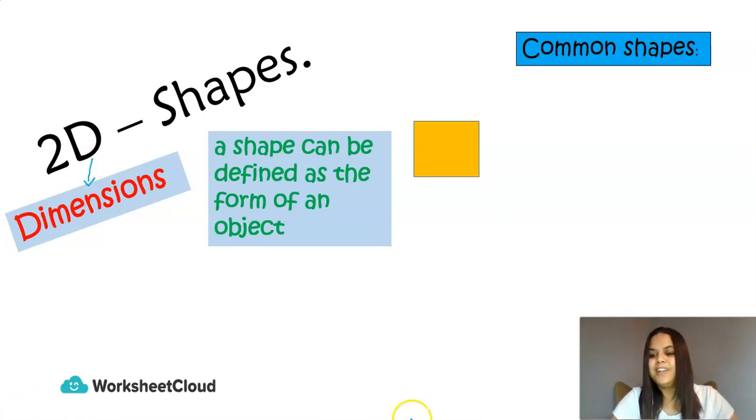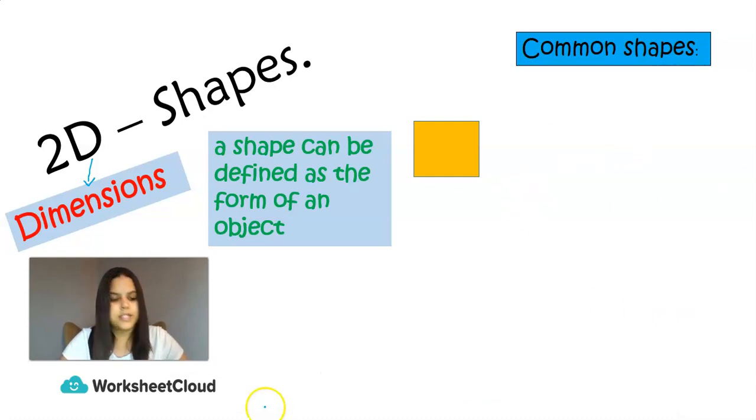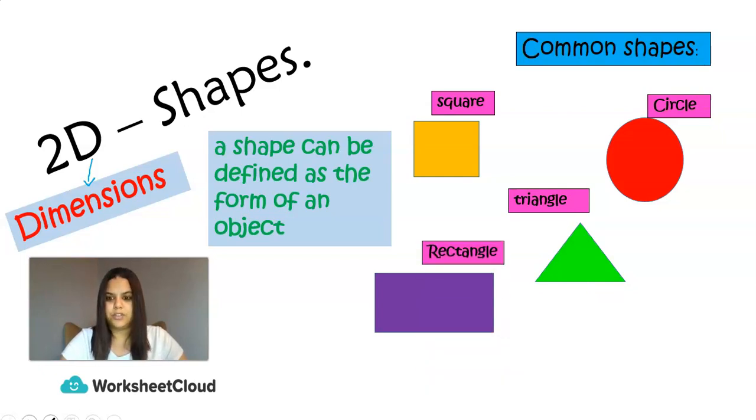So I've decided to place the common shapes over here on the screen for you because I'm sure you all know these shapes. A square, a circle, a triangle, a rectangle. Okay, so those are the common shapes that you probably have known all along. And when you were a little child, your mom used to say, see, that's a square, that's a circle, that's a triangle. So these are the common shapes that we are used to.